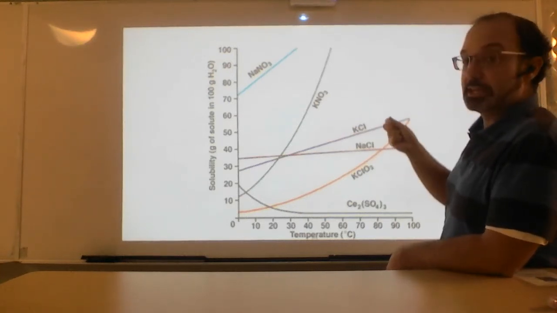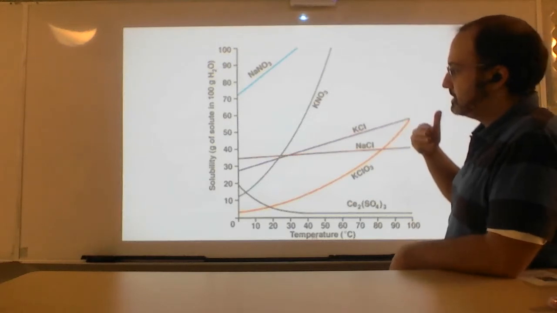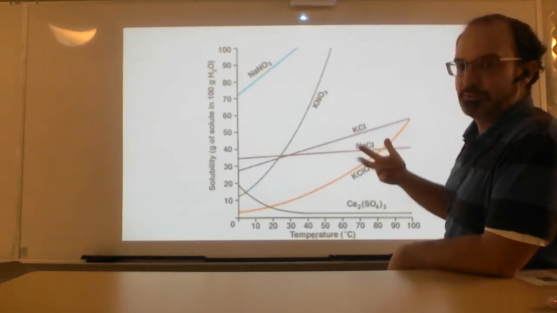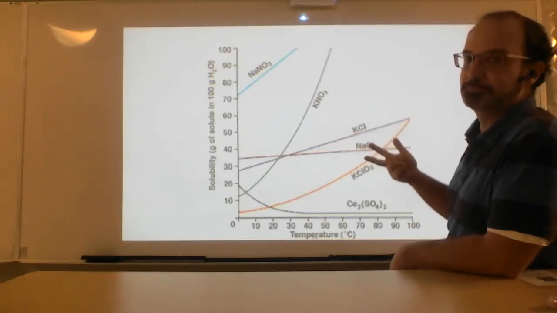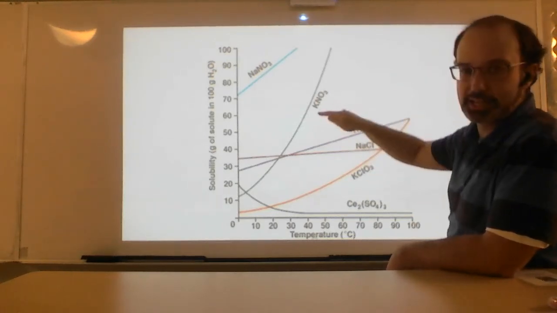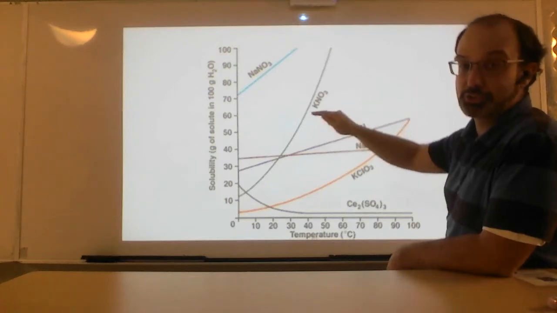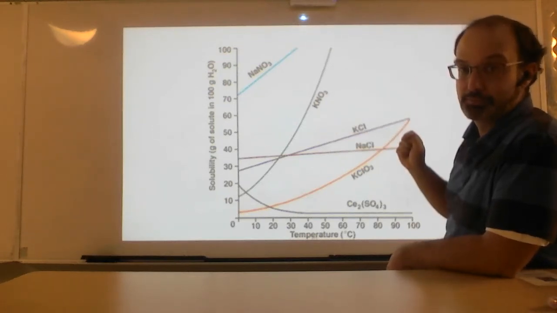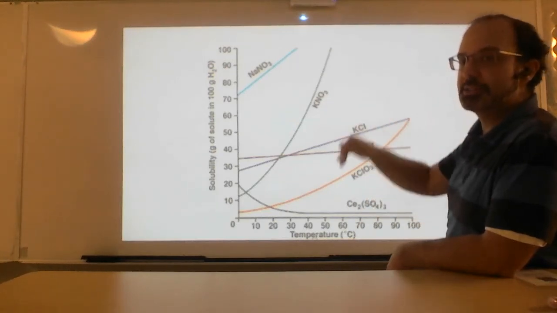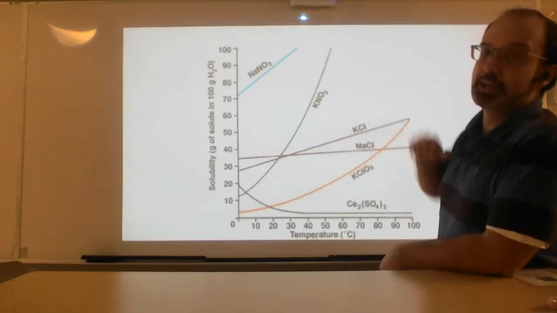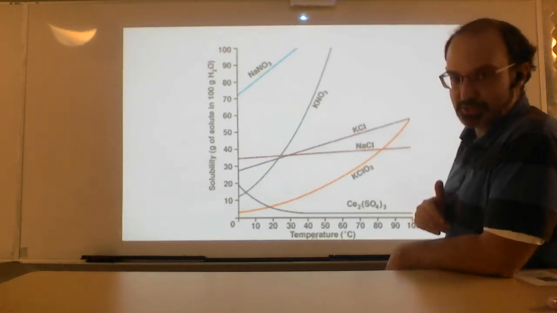And what they're telling us in that previous picture is that there are three states of a solution: unsaturated, saturated, supersaturated. This line represents a saturated solution. Below the line is unsaturated. Above the line is supersaturated.